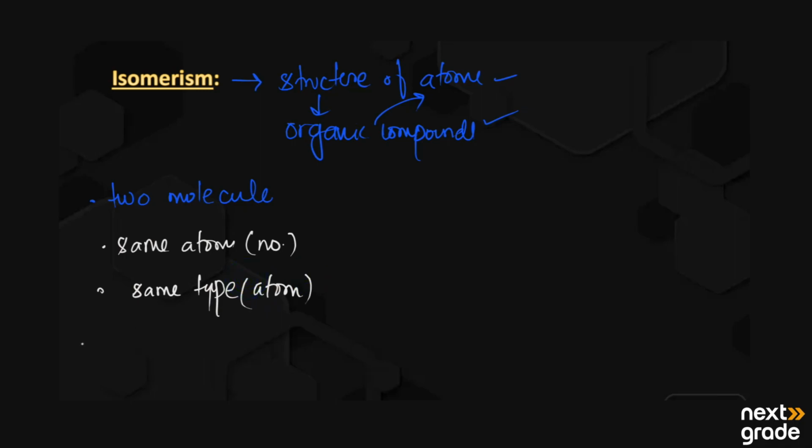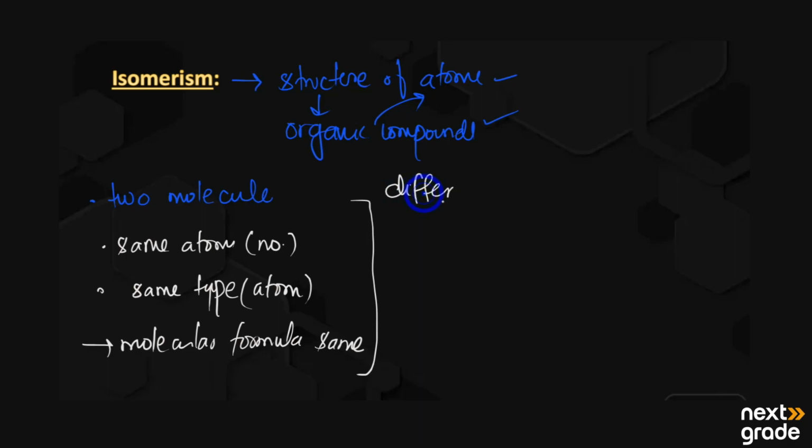In simple words, their molecular formula is the same. But the thing that is different is that they may differ in structural formula. That property is known as isomerism.